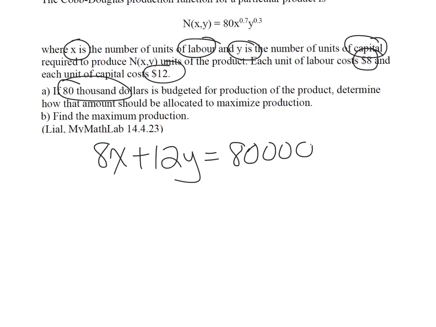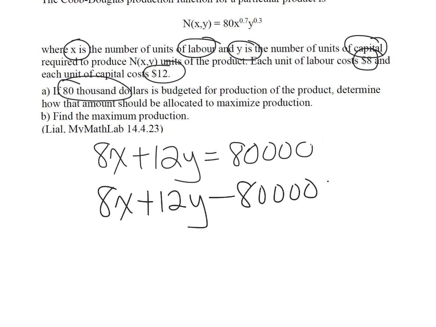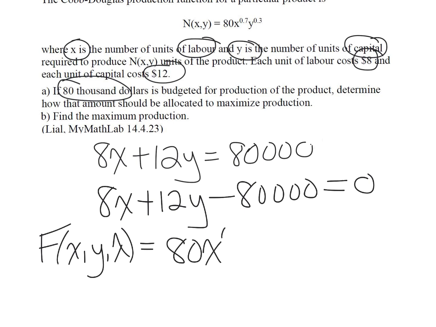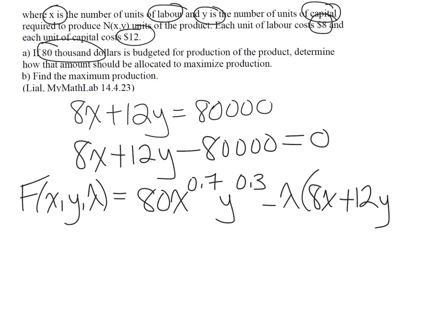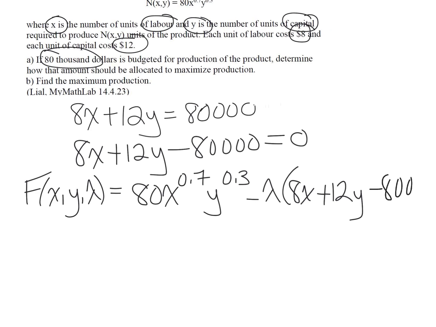We need to set that or make that equal to 0 in order to use our Lagrange multiplier. So we'll just do that before we forget. And then we set up the Lagrange function. So we have f of x, y, lambda is equal to the original function minus lambda times that constraint function, 8x plus 12y minus 80,000.